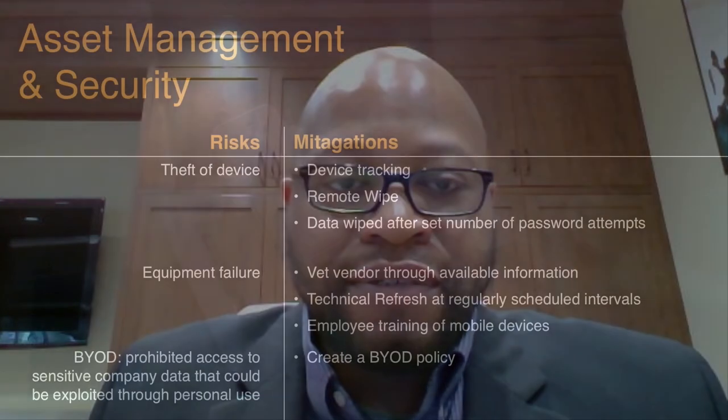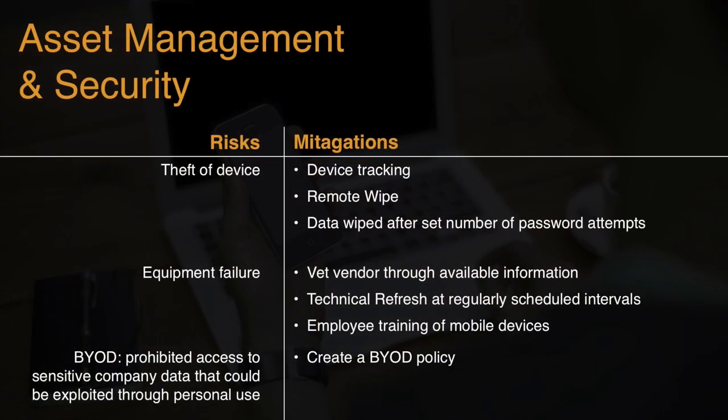Here are a few risks associated with asset management: theft of device, equipment failure, BYOD, what's allowed and prohibited to company data. These are the mitigation procedures we will put in place with security in mind: device tracking, vet the vendor through available information, technical refresh at set periods, employee training of mobile devices, and finally, create a BYOD policy.